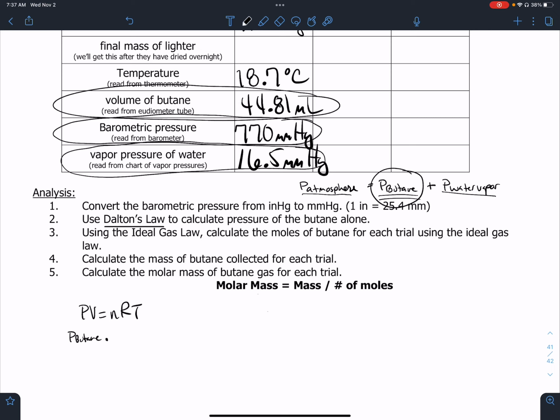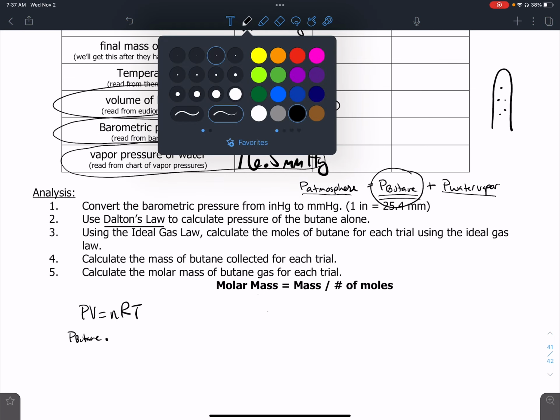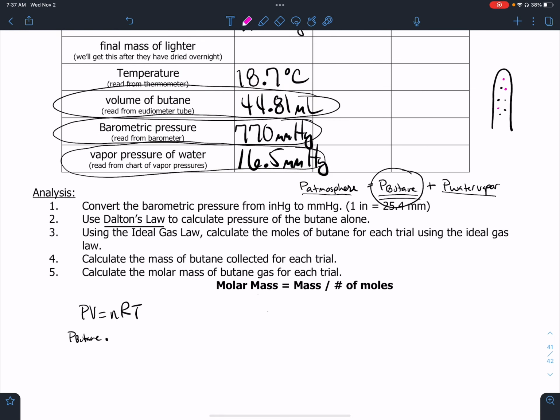And I just want to remind you that when we collected the butane gas inside the tube, and that gas contained a little water vapor as well, we set the level of the water inside of the tube at the same height as the level of the water outside of the tube.